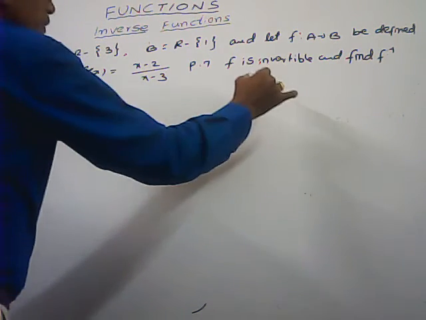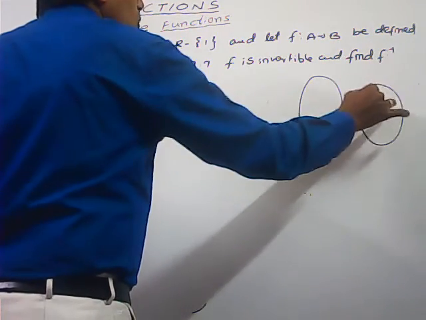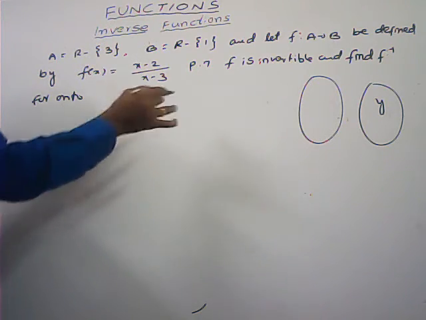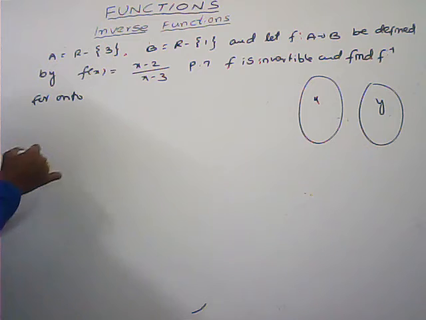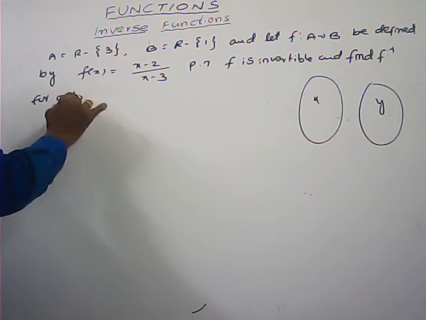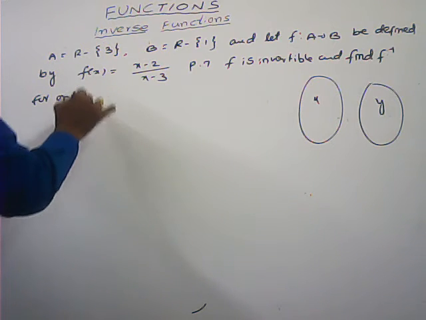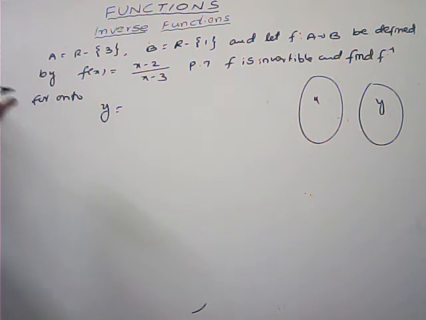Let y be an arbitrary element in the codomain. For y belongs to B, there exists an element x such that y is equal to, here for onto let the given function be y.